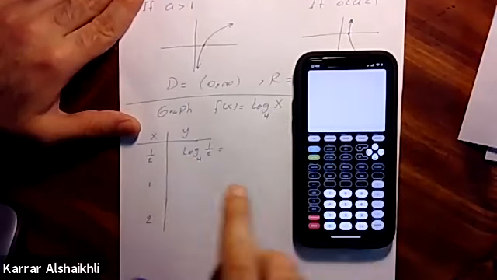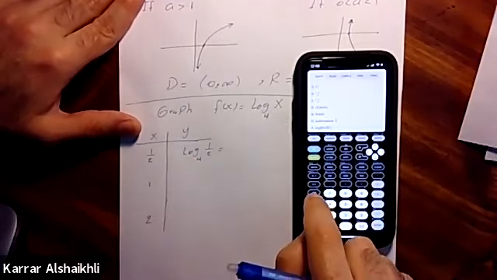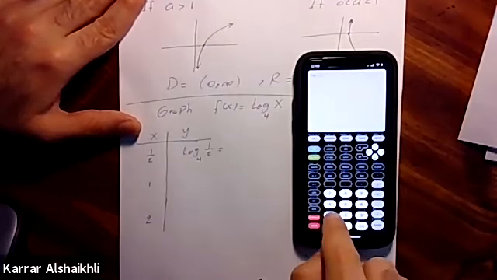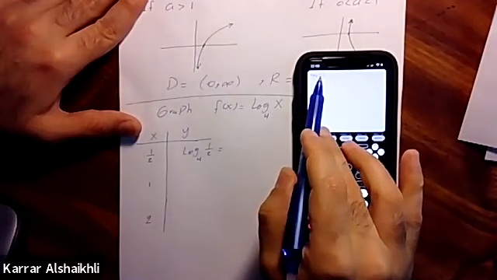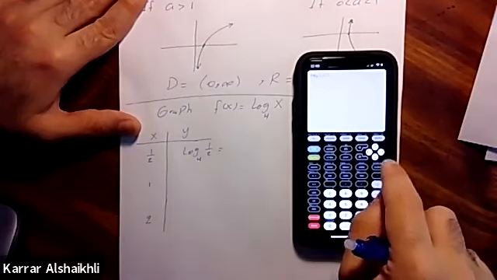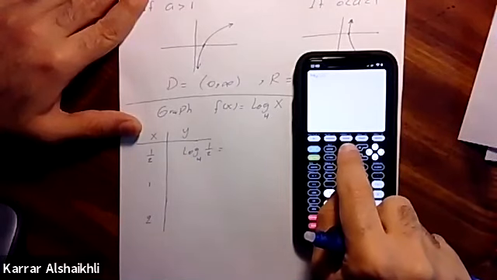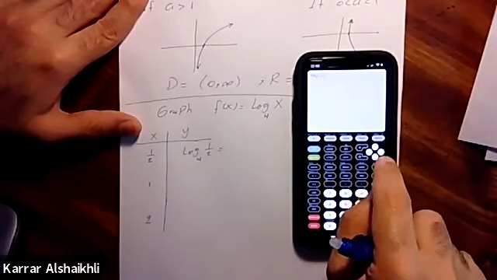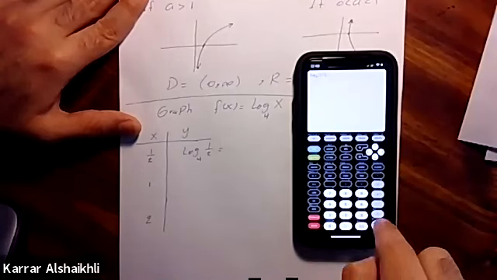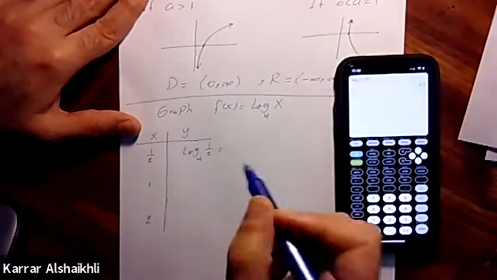Let's plug in log to the base 4, and I'm putting half here, which is 1 divided by 2. And the result is going to be negative 0.5.